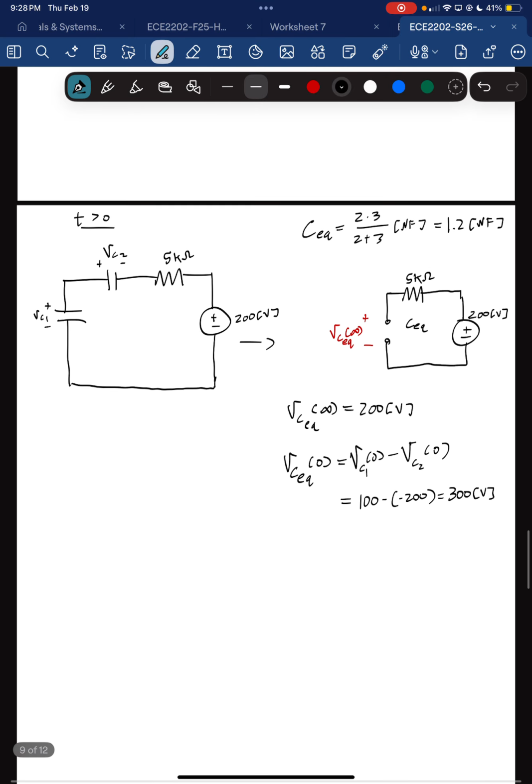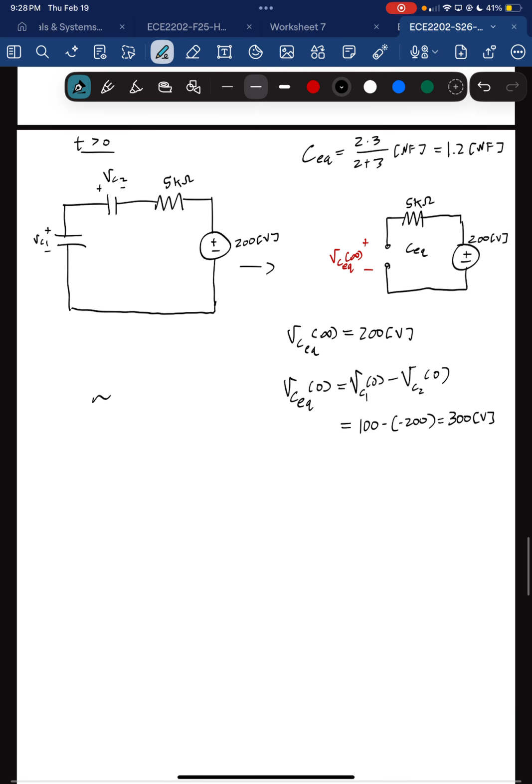All right, now the last step is to just find our time constant with respect to our equivalent capacitor. So I'm going to redraw the circuit for t greater than 0. We're going to do our equivalent method, so we're going to short out the battery. All we're left with is this 5 kilo ohm resistor, so our equivalent resistance is just going to be 5 kilo ohms.